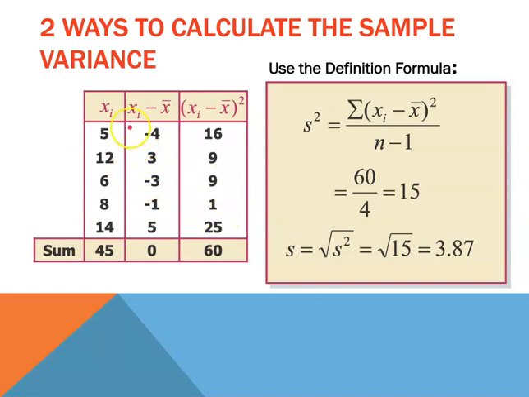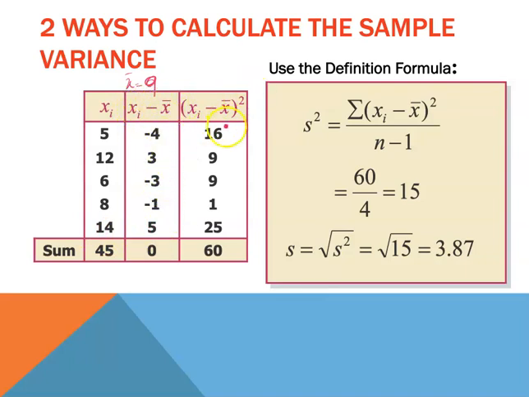The mean was 9, we were given this value. So 5 minus 9 is minus 4, 12 minus 9 is 3, 6 minus 9 is minus 3, 8 minus 9 is minus 1, 14 minus 9 is 5. So this is your data minus mean value.